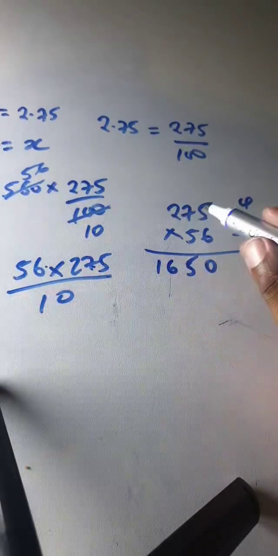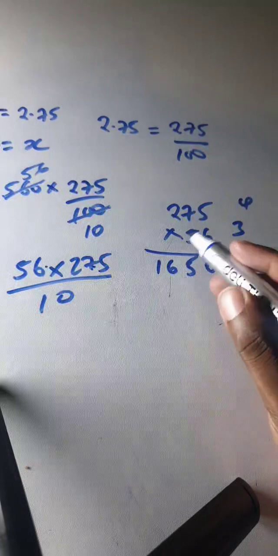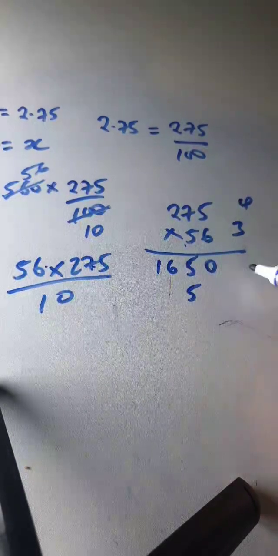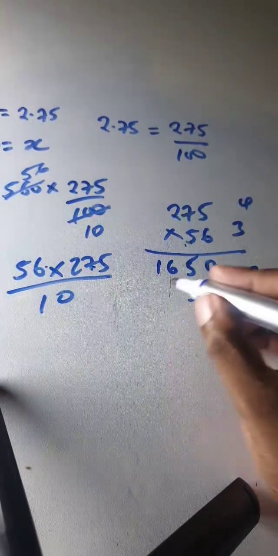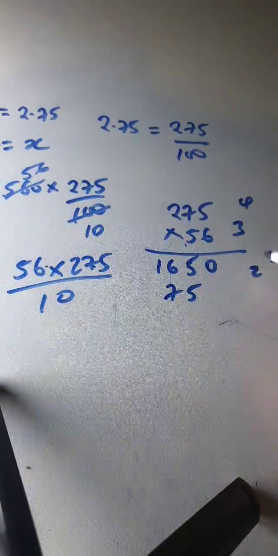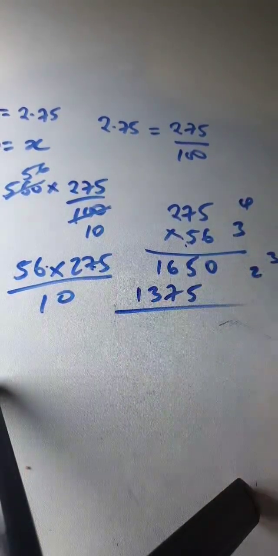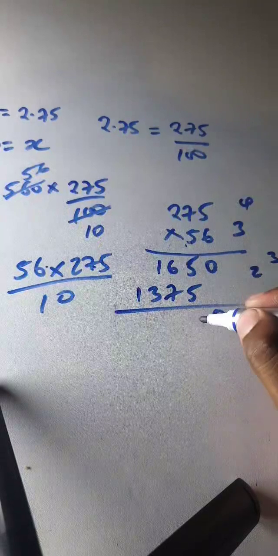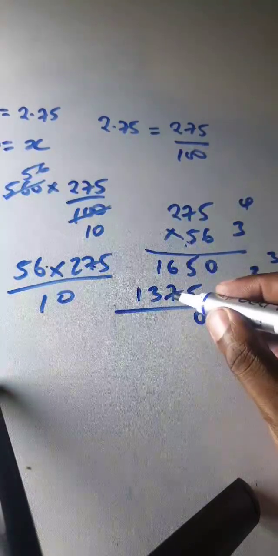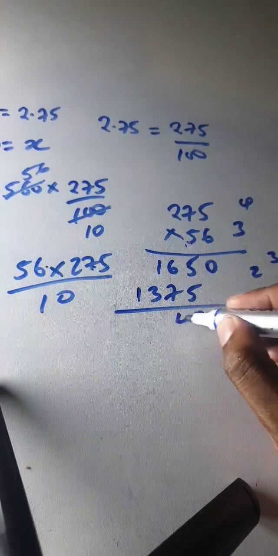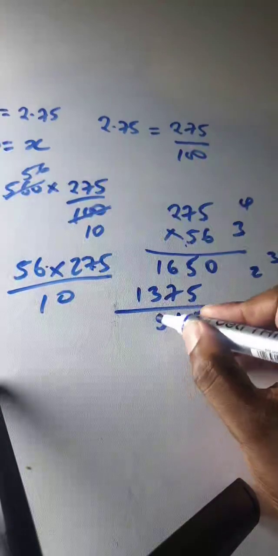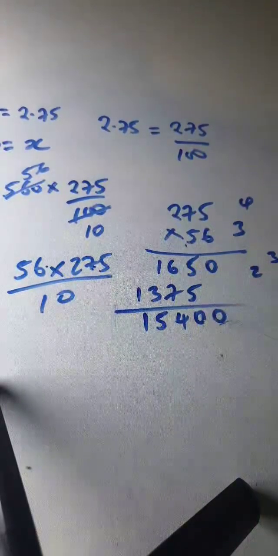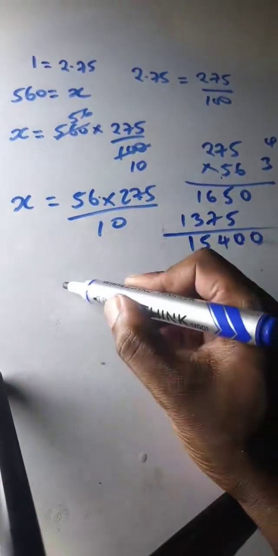Then 5 times 5 is 25, 5 remainder 2. 5 times 7 is 35, 35 plus 2 is 37, 7 remainder 3. 5 times 2 is 10, 10 plus 3 is 13. We have 0, 10, 0 remainder 1. 6 plus 7 is 13, plus 1 is 14, 4 remainder 1. 1 plus 3 is 4, plus 1 is 5. 0 plus 1 is 1.